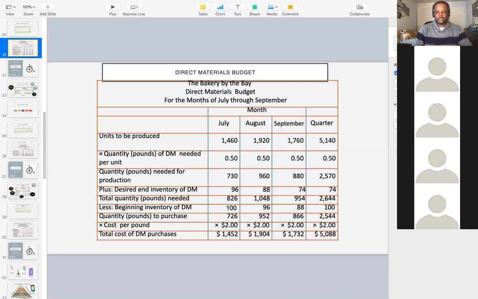Other questions? My question is, the beginning inventory direct material for July and for the quarter, why are these two the same number? This one is also 100, and for the quarter is also 100. Why is it the same thing?